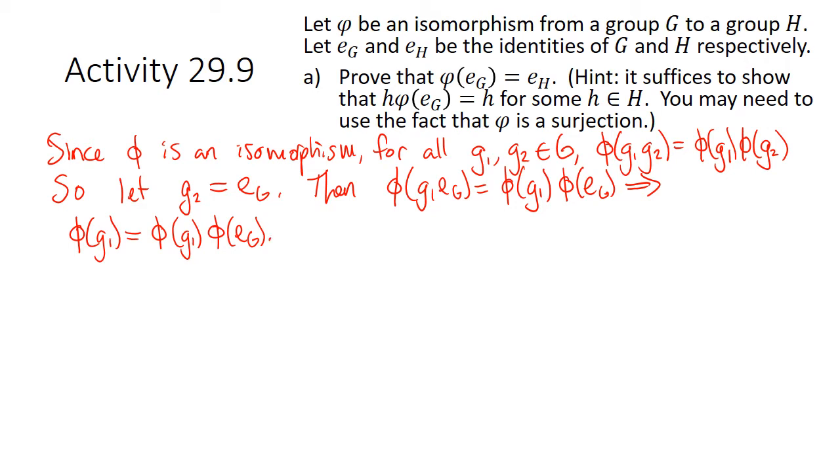Okay, and then what I'm going to do is multiply on the left of each side by the inverse of phi of g1. I don't know what phi of g1 actually is, but it is some element of H, so I'm just going to multiply by its inverse.